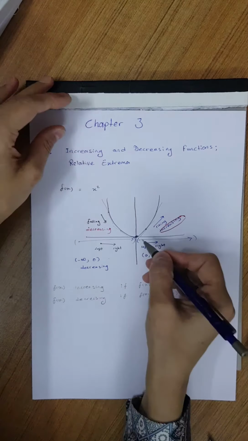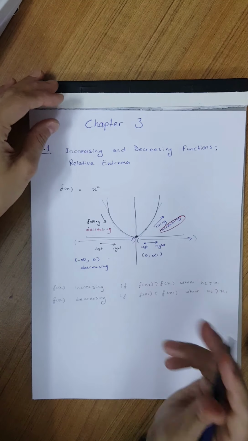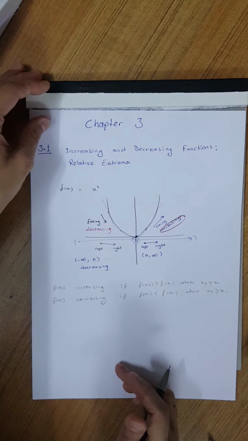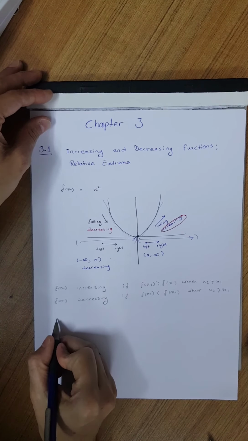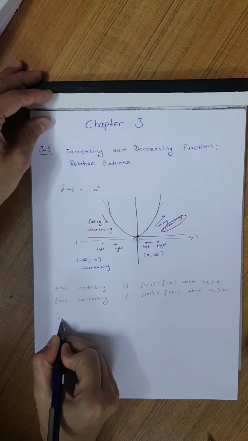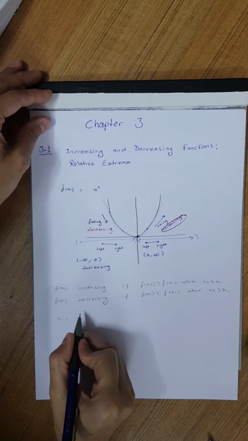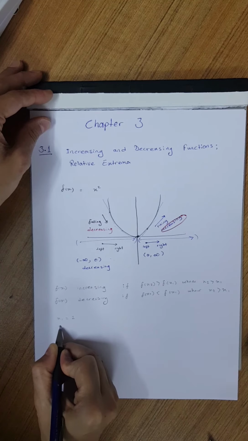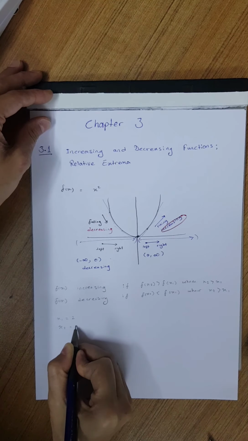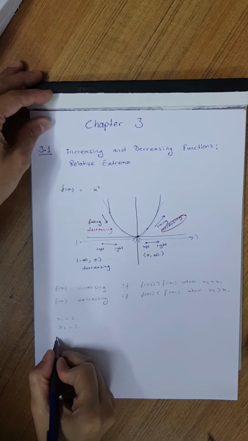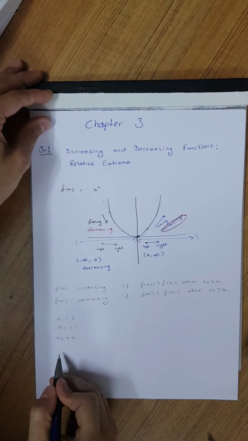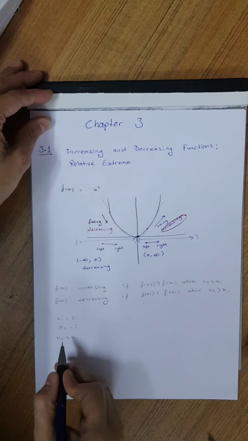Let's pick two numbers from 0 to infinity and apply that definition on them. If you have got x1 equal to, for example, 2, and x2 let us consider that it is equal to 3. Here we have got x2 is greater than x1. 3 is greater than 2.